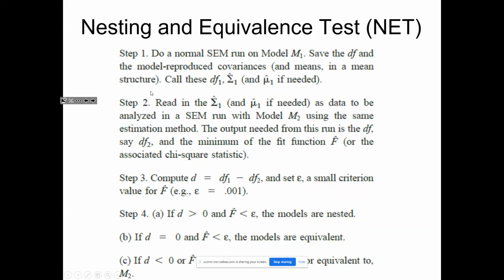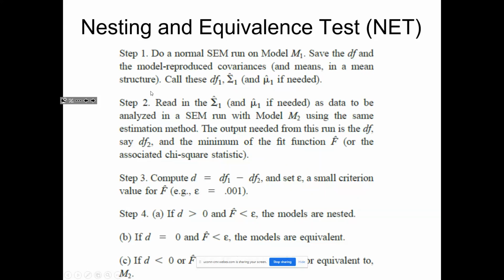So basically, if I take this model implied variance covariance matrix and run it with something I think is an equivalent model, I'm going to get a chi-square of 0. And obviously, those two models would have the same degrees of freedom because they're equivalent.